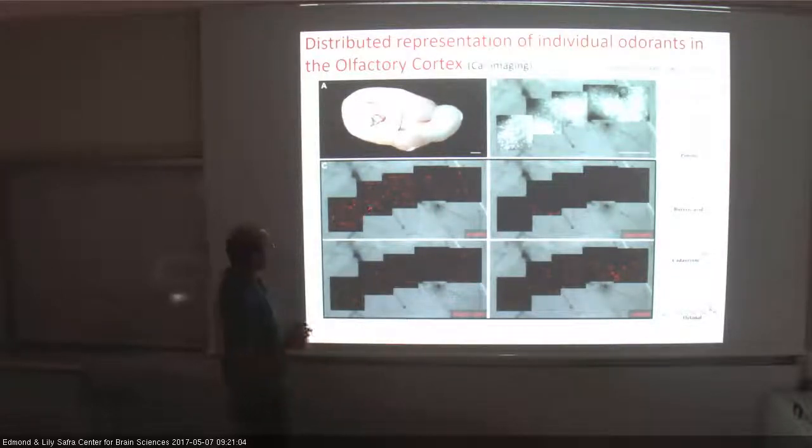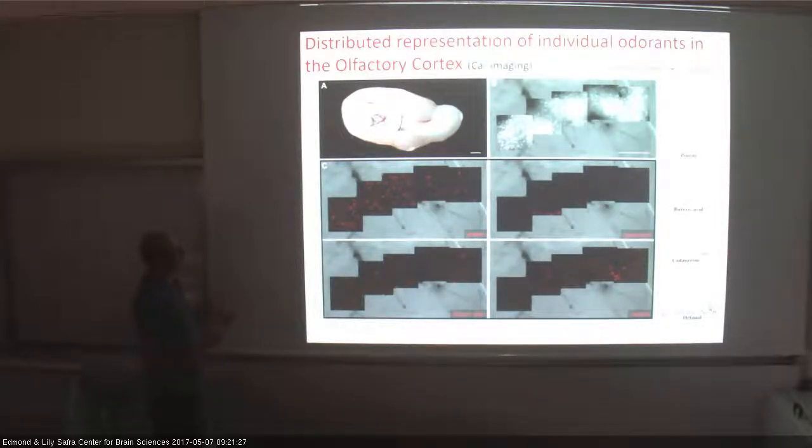Each of these little things, of course, is a cell, and when it's red, it means there was a strong enough calcium signal indicating that it was active. And what you see here are responses to 4 different stimuli which are monomolecular odorants: pinene, cadaverine, octanol, and butyric acid.